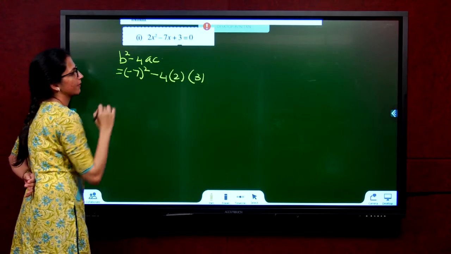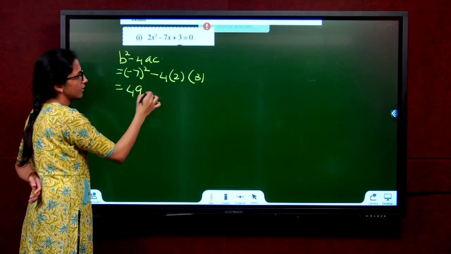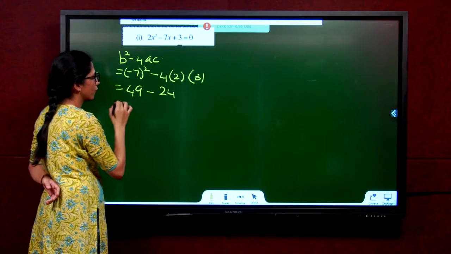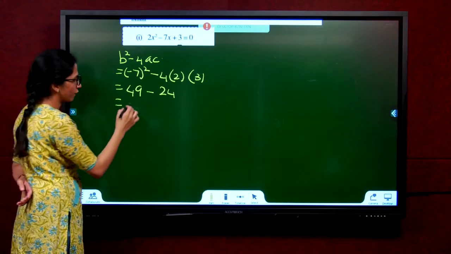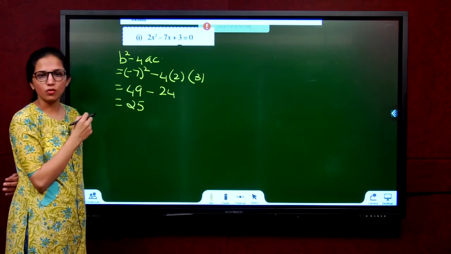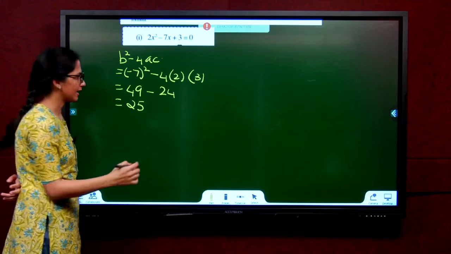So minus 7 the whole square 49 minus 4 twos are 8, 8 threes are 24. 49 minus 24, 25. It is greater than 0, hence roots exist.